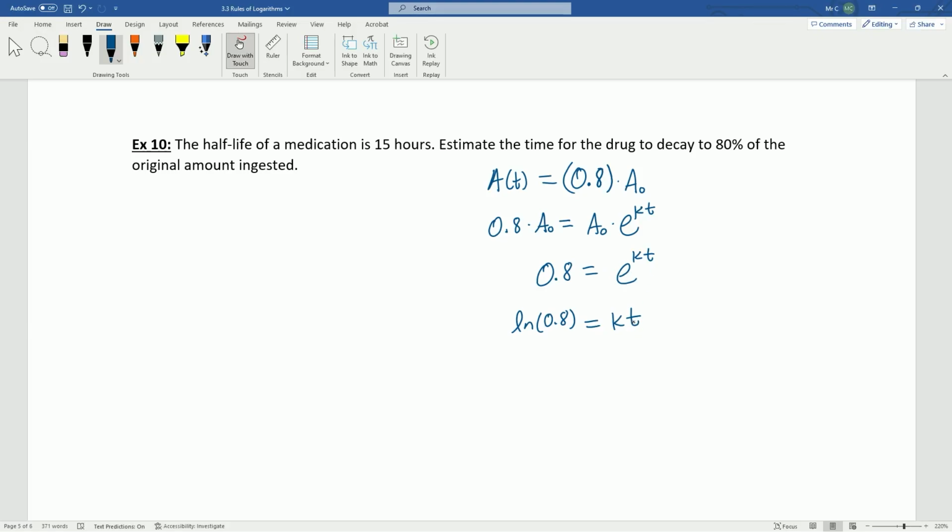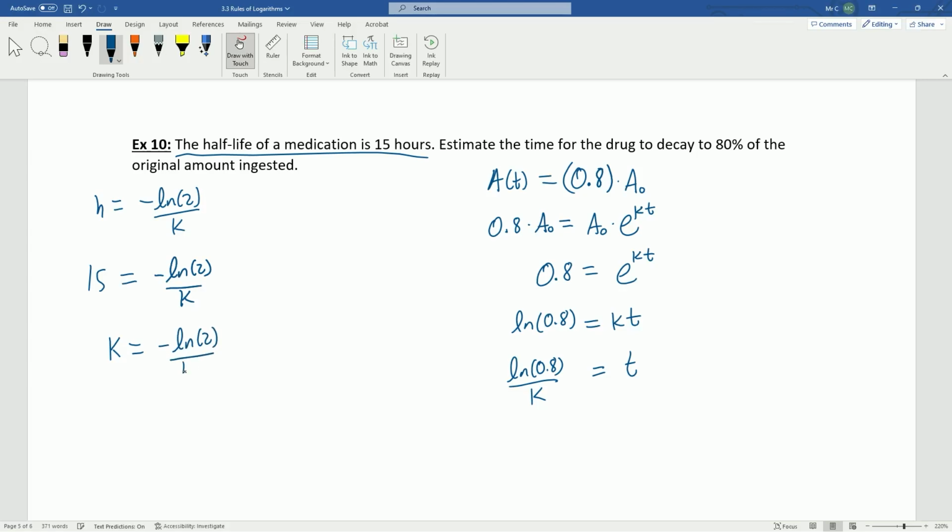I need to solve for t, but that means that I need k. Well, how am I going to get k? Oh, they told me the half-life was 15 hours. So h equals negative ln of 2 over k. So 15 equals negative ln of 2 over k. If I multiply the k across and divide by 15, I get k equals negative ln of 2 divided by 15.